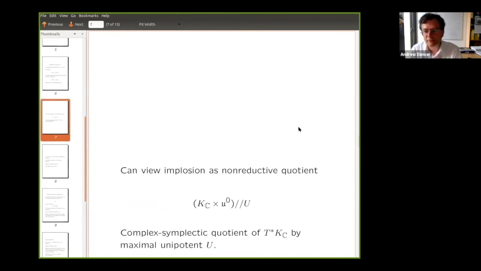Yes, if I go back to my non-reductive GIT description of the implosion, that's essentially the complex symplectic quotient in the GIT sense of the cotangent bundle by the maximal unipotent. So the maximal unipotent, of course, we could view as the commutator of the Borel. But of course, you could say, well, why not replace the Borel by a general parabolic?